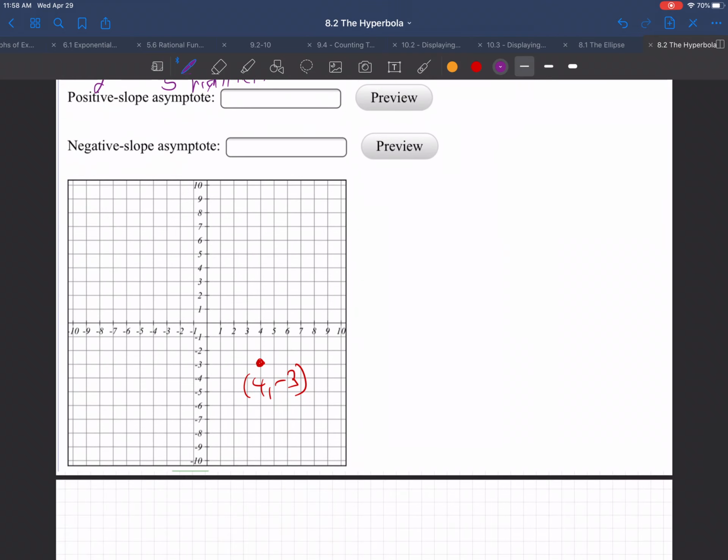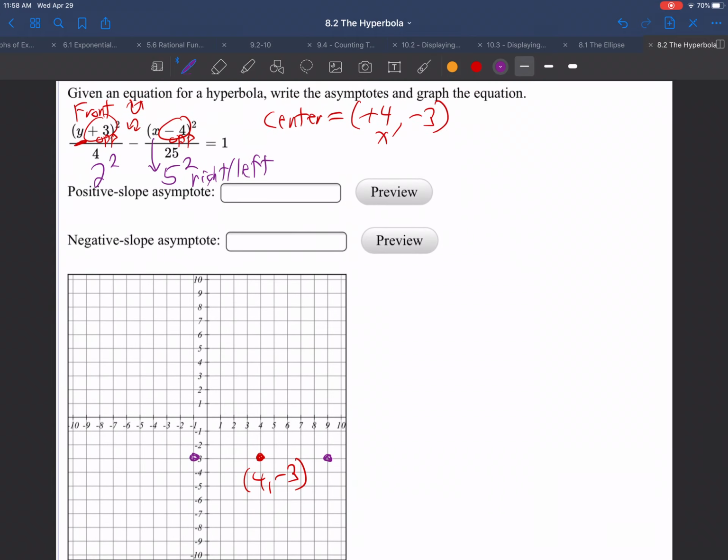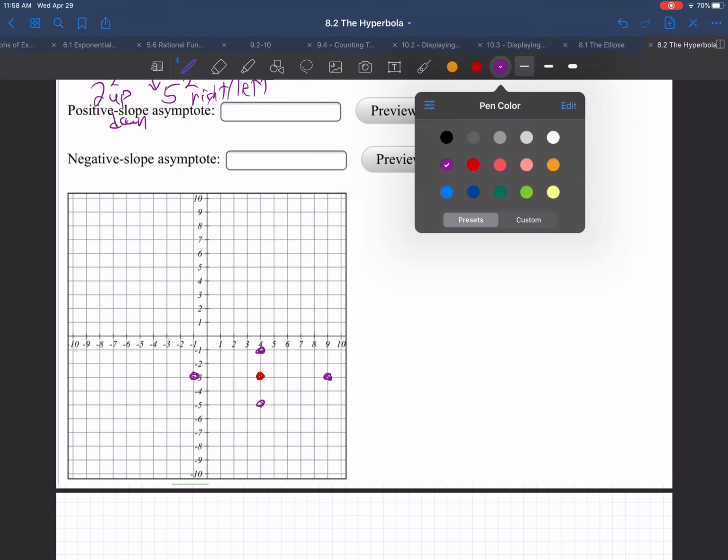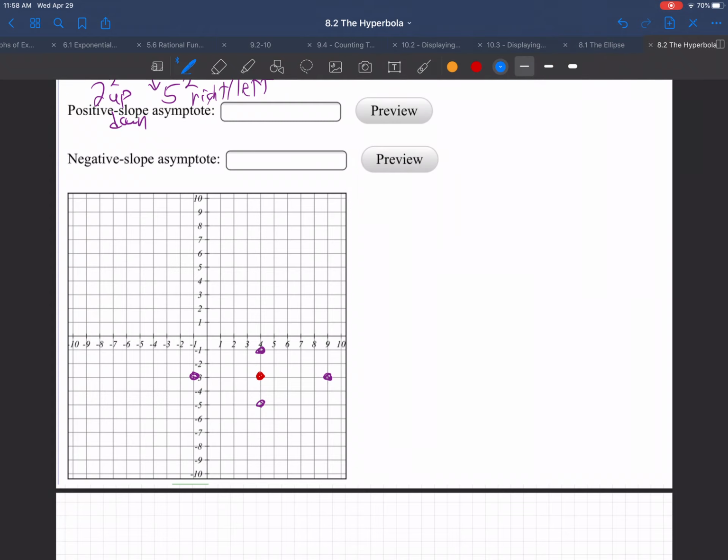So that's 5 to the right and left, 1, 2, 3, 4, 5 right here, and 1, 2, 3, 4, 5 right there. Right and left 5, and whatever's underneath y is up, down, so up and down 2. So up 2, and down 2. So there's our box.